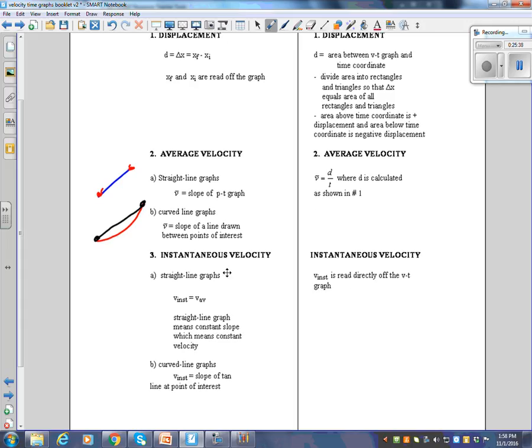Instantaneous velocity, like we just did, if it's a straight line, you simply find the slope. And if it's a curved line, that's when you draw a tangent. Those are all the rules for position time graphs.